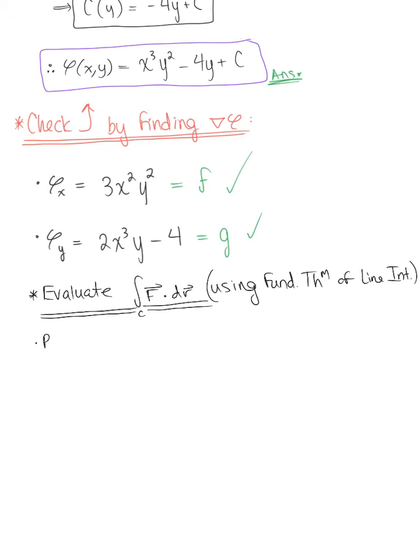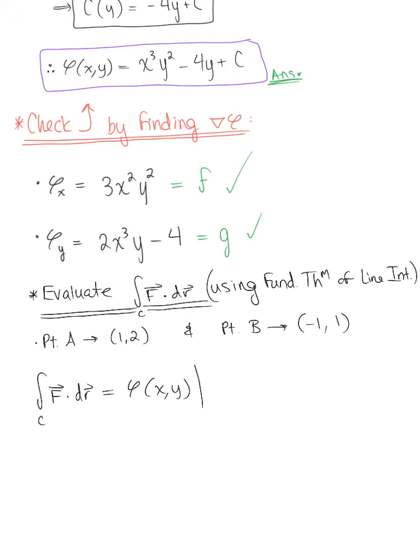So we'll say point A is defined as 1, 2, and our point B is defined here as negative 1, 1. So by the fundamental theorem of line integrals, because our vector field is conservative, the line integral is immediately equal to the potential function, which we'll evaluate from point A to point B.